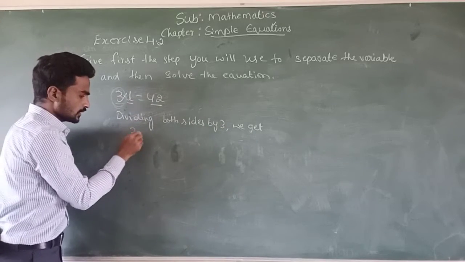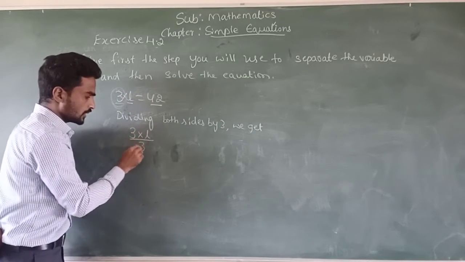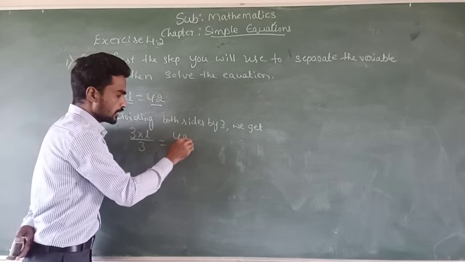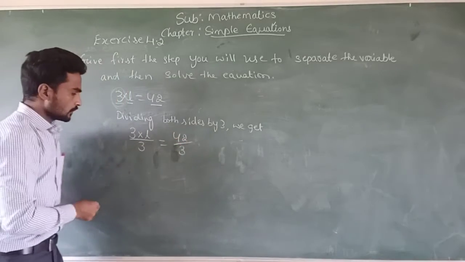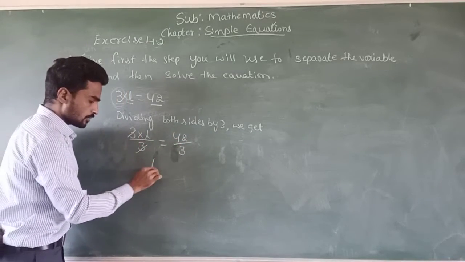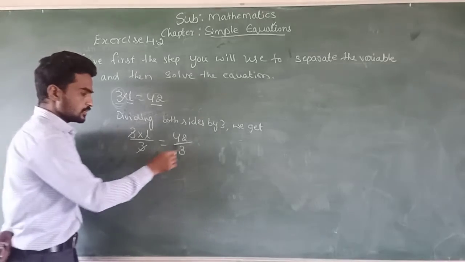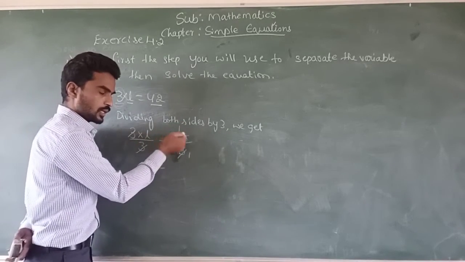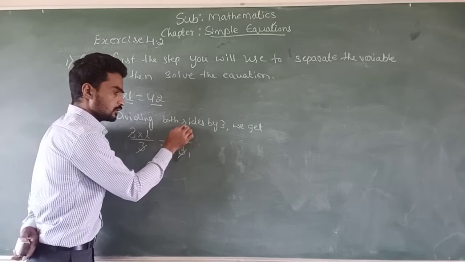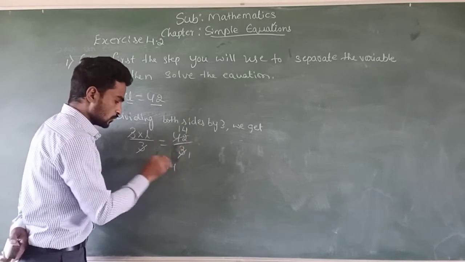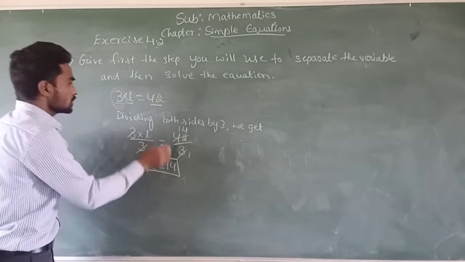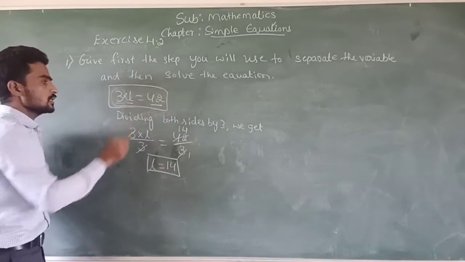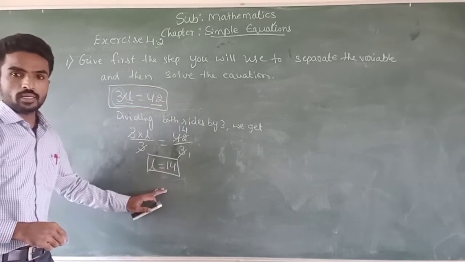We get 3 into l divided by 3, that is equal to 42 divided by 3. Here 3 gets cancelled, remaining is l. L is equal to 3 ones are 3, 1 is carried over, then 12, 3 fours are 12. L is equal to 14 is the solution of the given equation 3l is equal to 42.